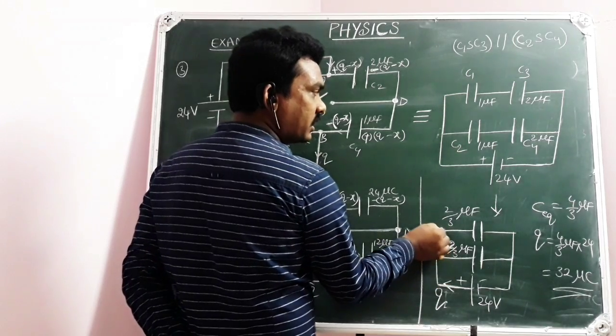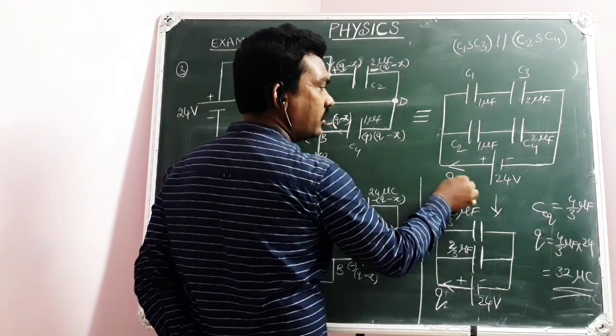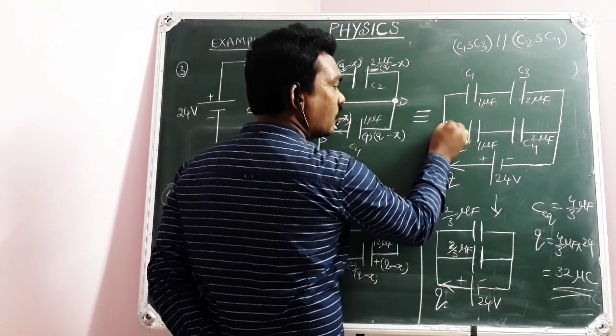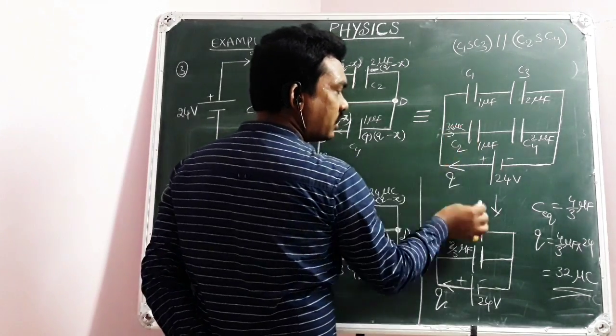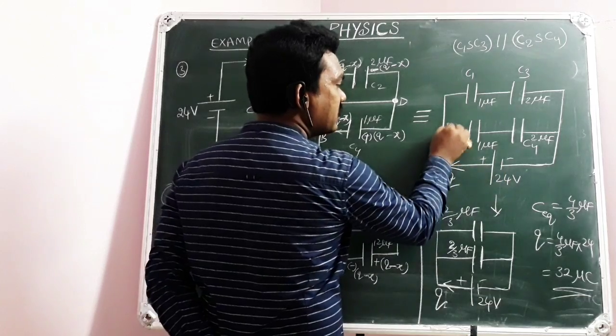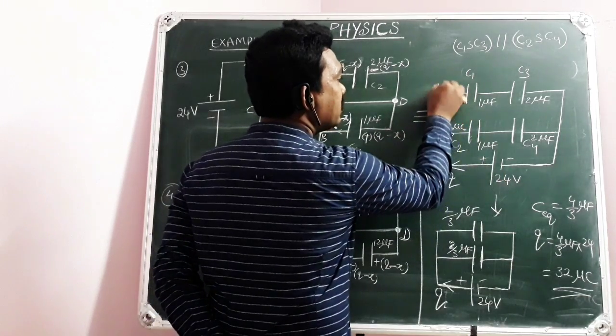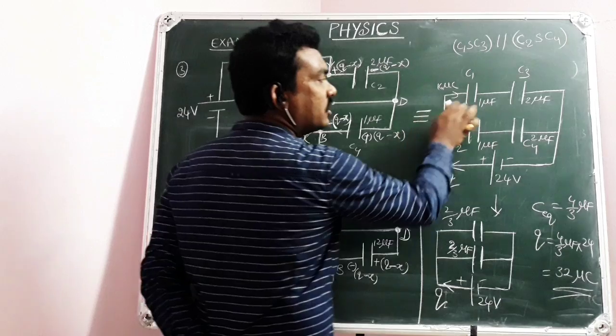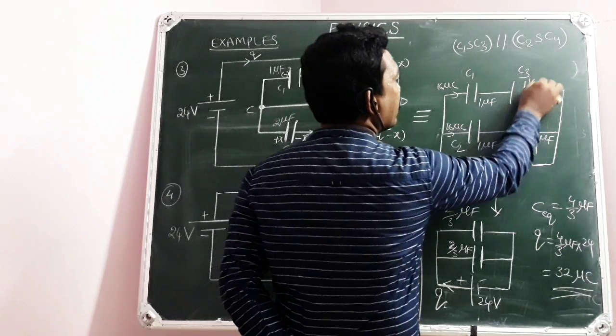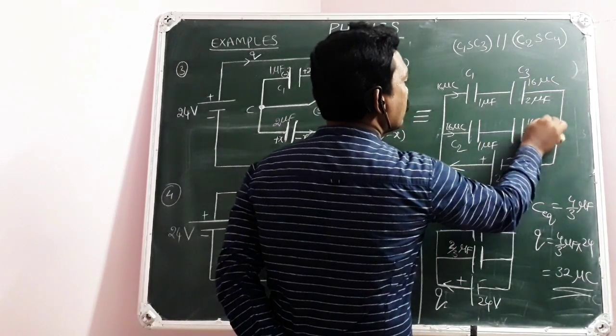So here 16 microcoulombs and 16 microcoulombs. As these two are in series, here also 16 microcoulombs, here also 16 microcoulombs.